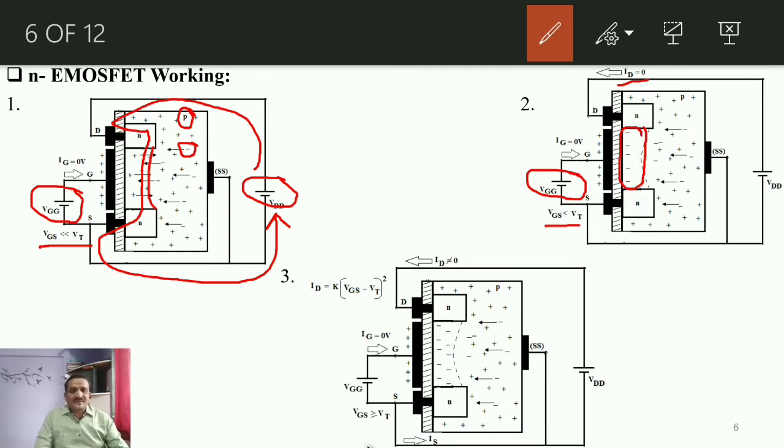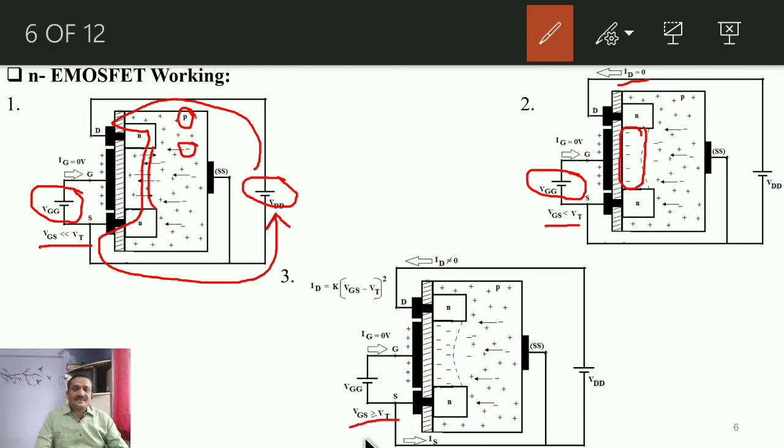Now switch to third case. Here I mentioned that VGS is now equal to or greater than VT, that is threshold voltage. What is threshold voltage? It is the voltage at which a small amount of current starts to flow through the device, or a sufficient channel, we can say, to have the non-zero ID gets formed, that is nothing but threshold voltage. So that threshold voltage is related to the gate terminal, VGS.